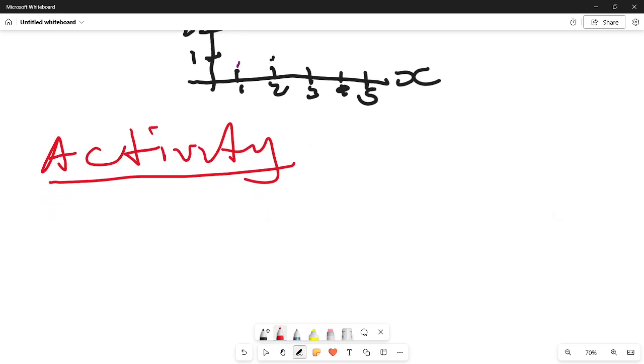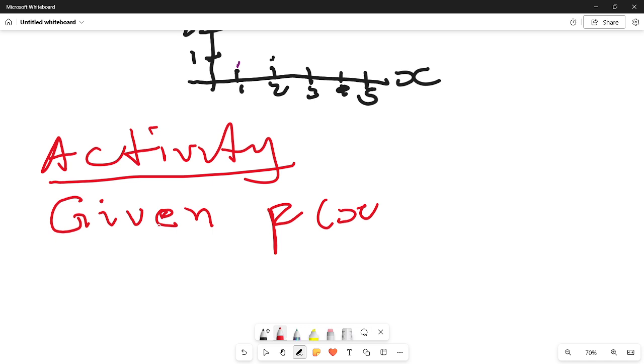Let's say we are given f of x, which is equal to x squared.